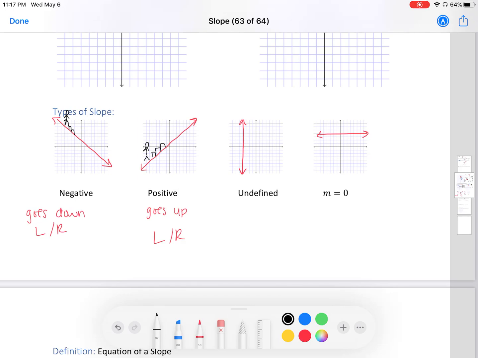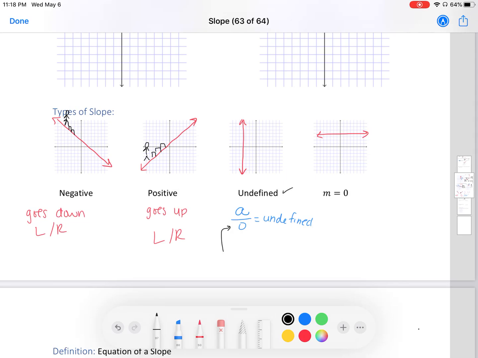Now, an undefined slope is a vertical line. And think of a number that's undefined. So if we have any number divided by 0, that's an undefined statement. So next we're going to learn how to find the slope algebraically so that we don't have to plot points and do rise over run each time. There's a formula that we can use. And if we so happen to get a 0 in the denominator, these two points will create a vertical line.